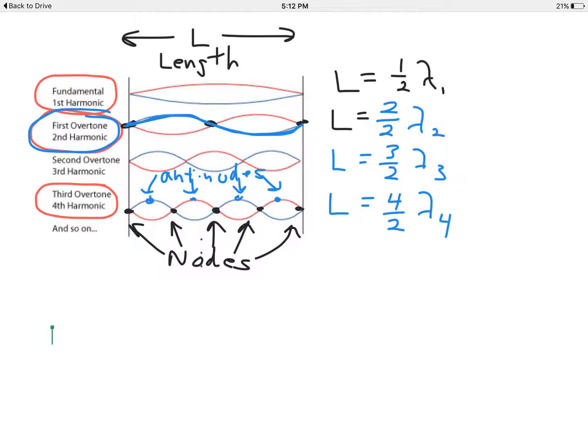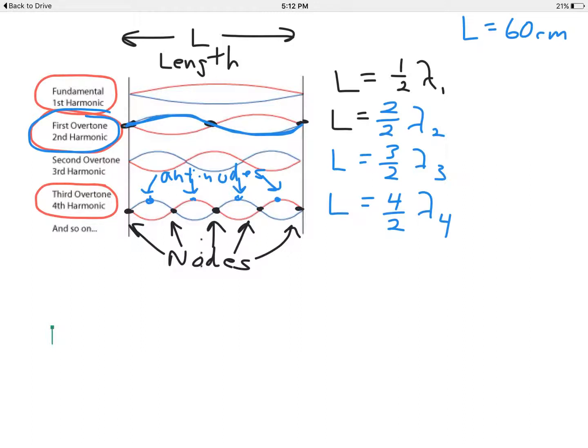So for example, if L was 100 meters, now let's say 60 centimeters, L equals 60 centimeters. In the first case, if L is 60 centimeters, plug in 60 for L in all 4 of these cases, and I'll kind of do the math in my head, or you can do it on a calculator.